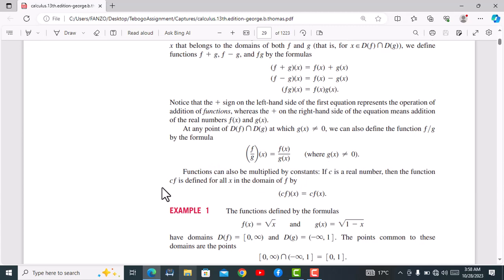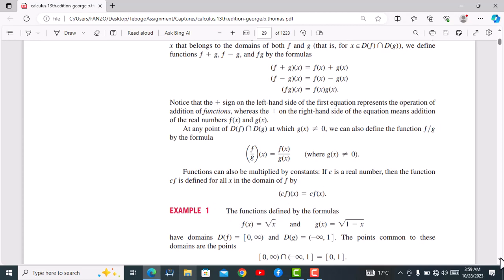Functions can also be multiplied by constants. If c is a real number, then the function cf is defined for all x in the domain of f by c f at x equals that. So we are just multiplying the function by a constant value.